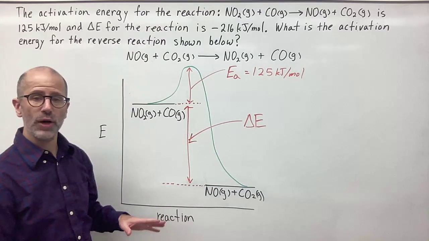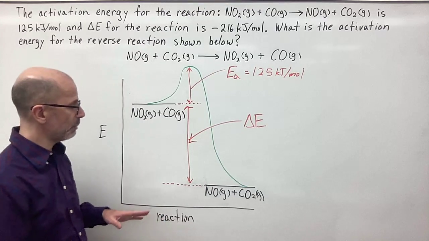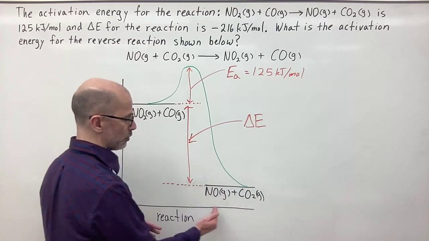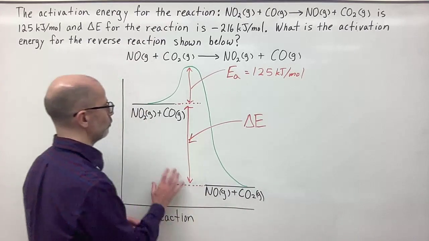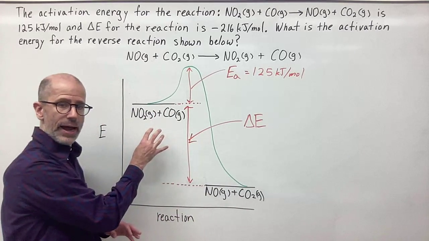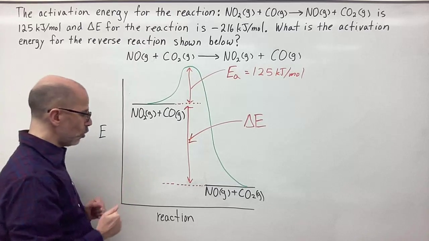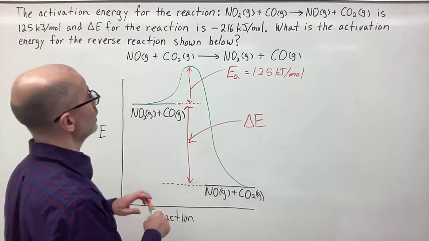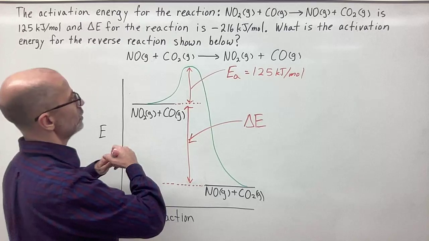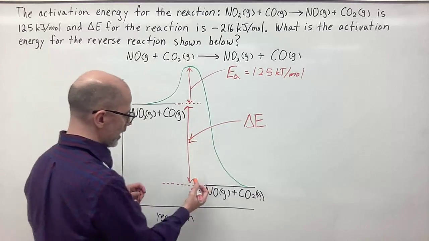So if we go in the opposite direction, then basically we're starting here as reactants, and we're going to go up to here in products. So the delta E here is negative.